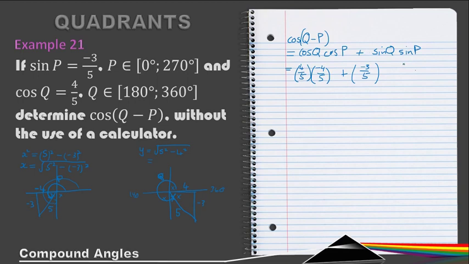For sine P, opposite is negative 3 over hypotenuse 5, so negative 3 over 5.